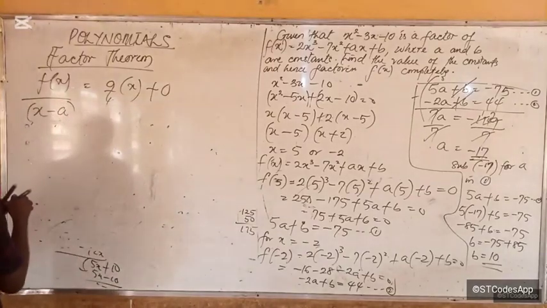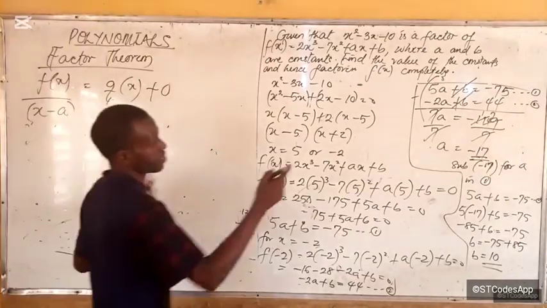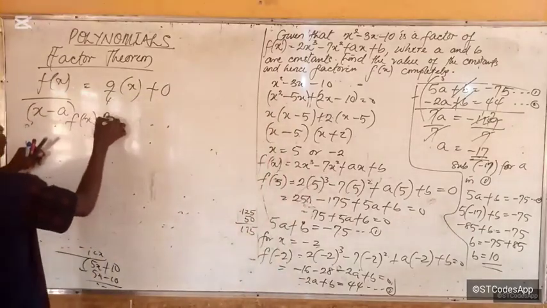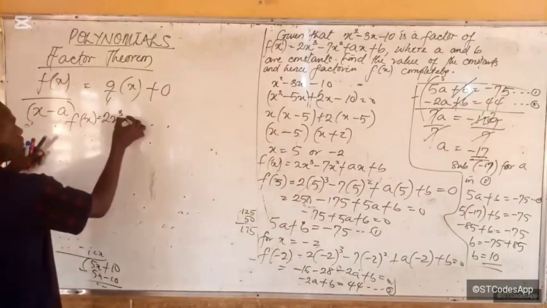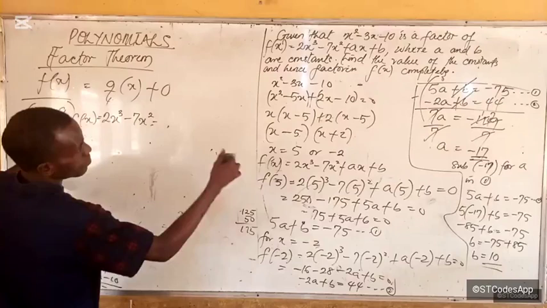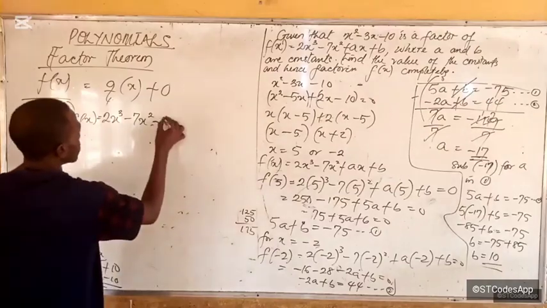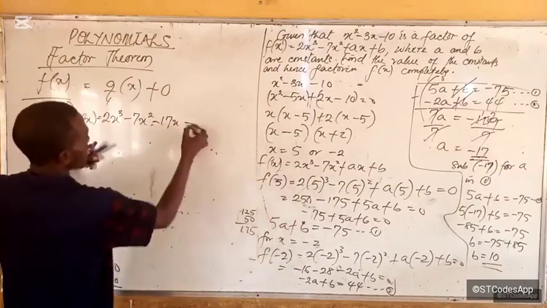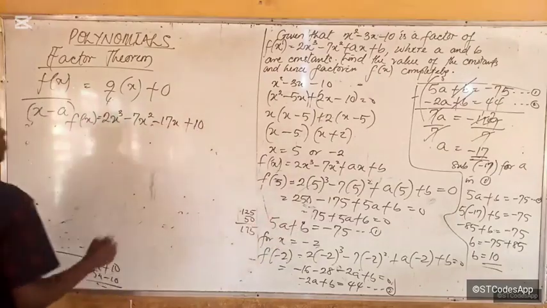So we simply say that since we have gotten the values of a and b, our polynomial f of x is now 2x cubed minus 7x squared. Now a is minus 17, so that will be minus 17x. b is 10, that will be plus 10. All right.